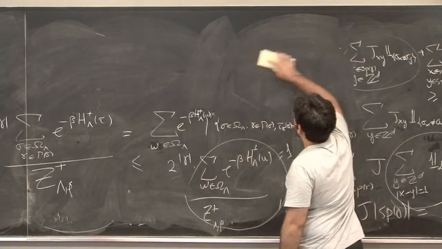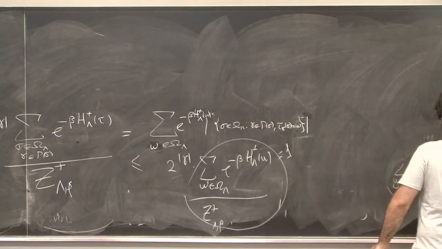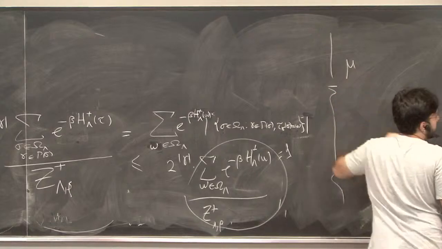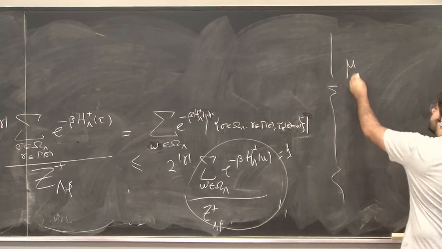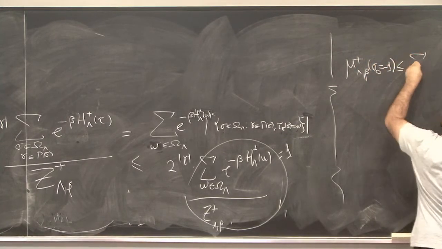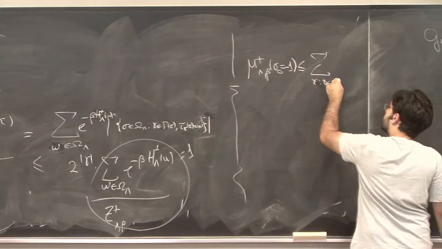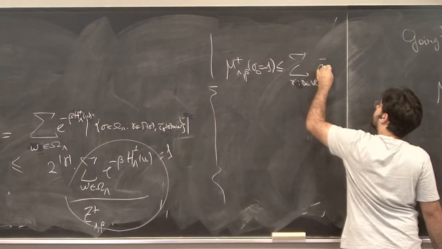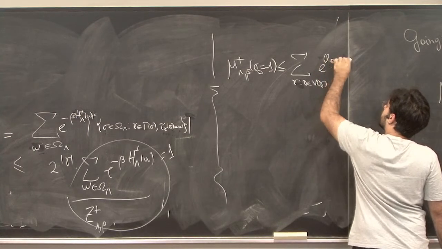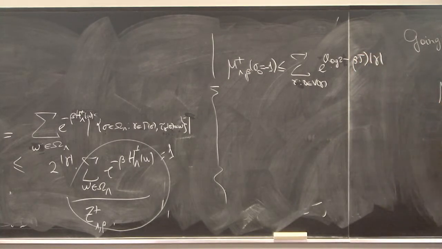And what we get, finally, is that this probability over here, beta plus, 0 equals -1, will be less than a series of all the contours, summing over all the contours such that 0 is inside the gamma, of exponential of minus of log 2 minus beta j, the size of gamma.